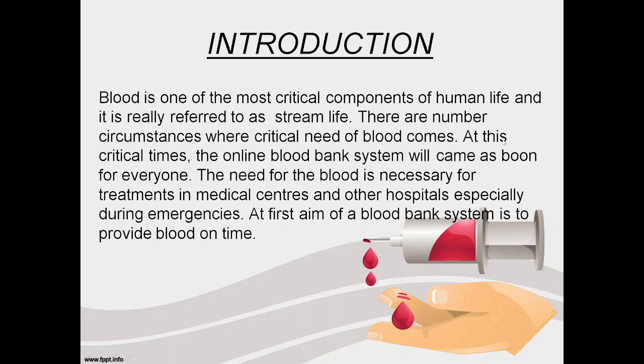At these critical times, the online blood bank system will come as a boon for everyone. The need for blood is necessary for treatments in medical centers and other hospitals, especially during emergencies. The first aim of a blood bank system is to provide blood on time.